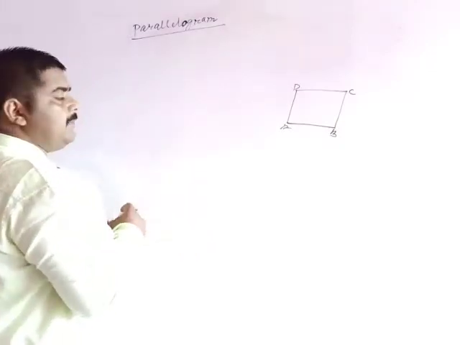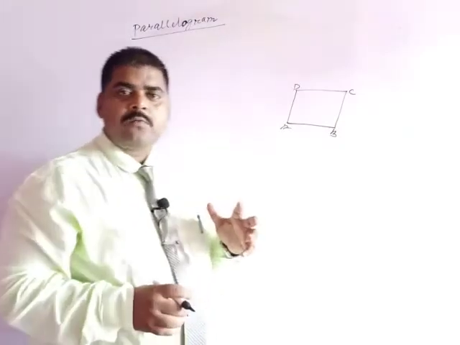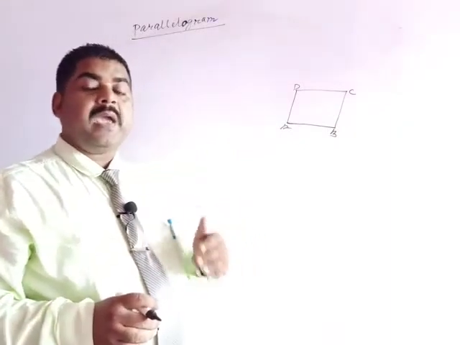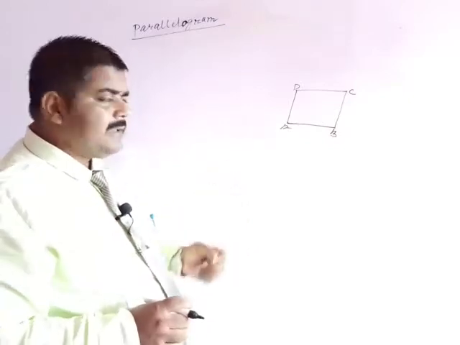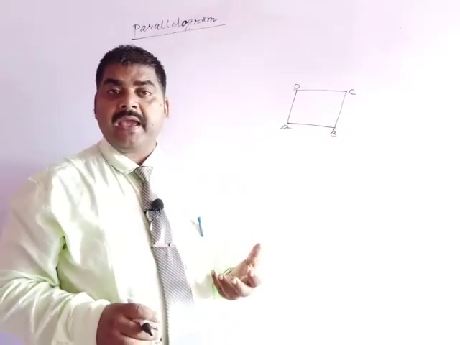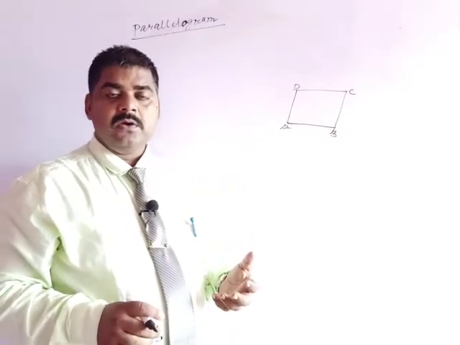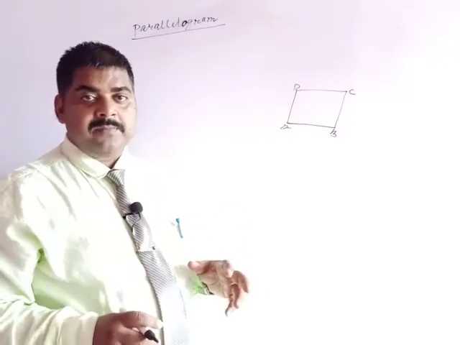Actually, a parallelogram is a type of quadrilateral whose pairs of opposite sides are parallel. And you know how many pairs of opposite sides of a quadrilateral are possible.